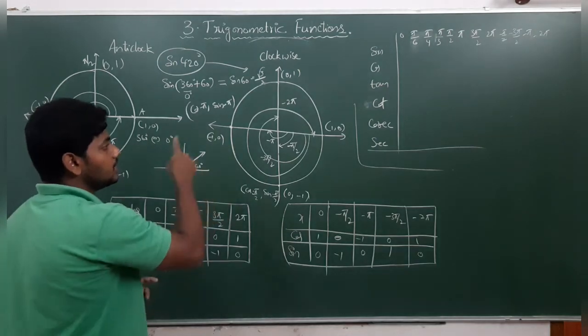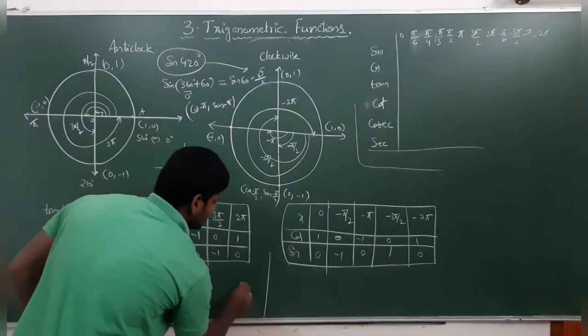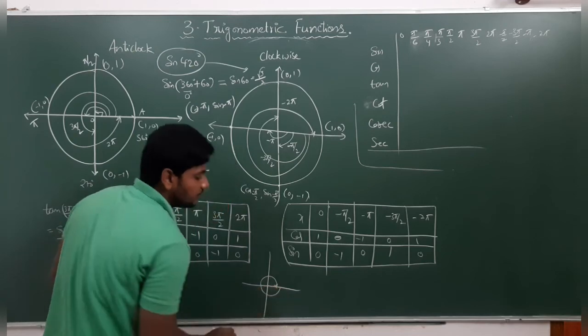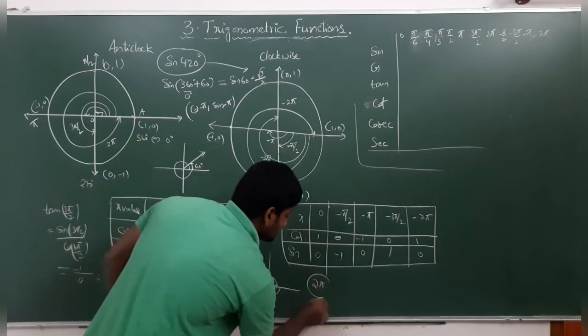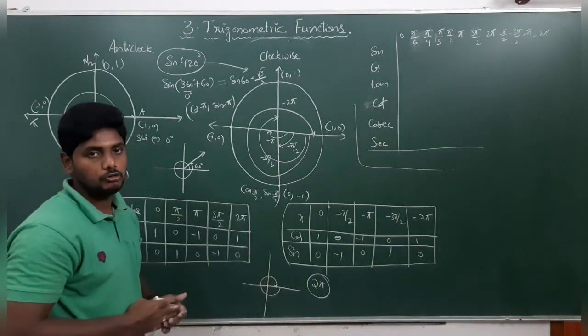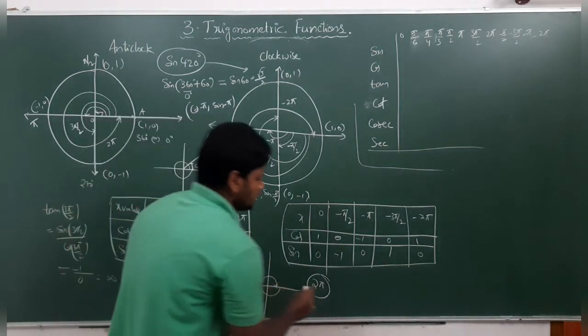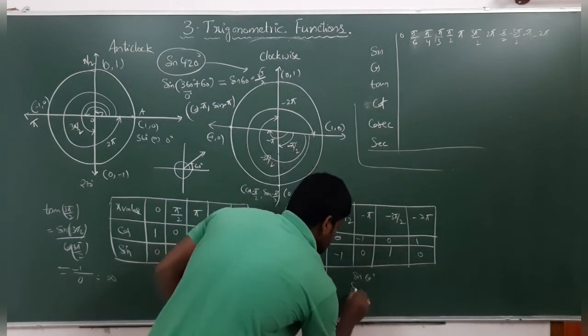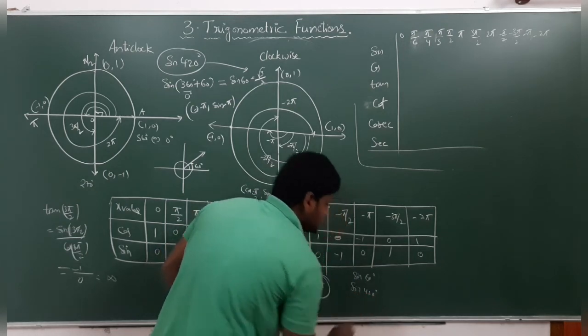That means every trigonometric value will repeat after an interval of 2 pi. For example, sine 60 degrees is equal to sine 420 degrees. Why?